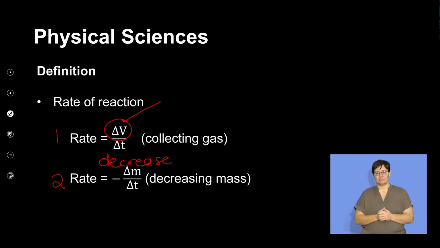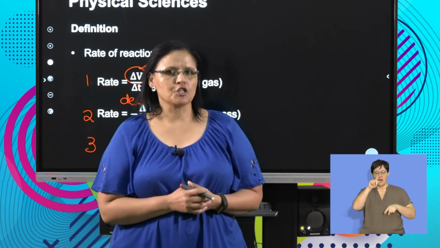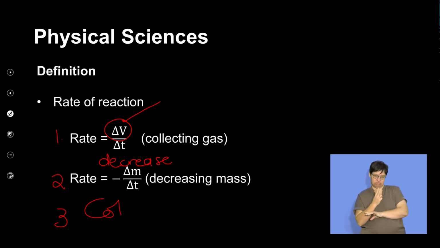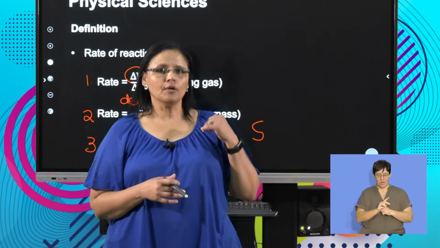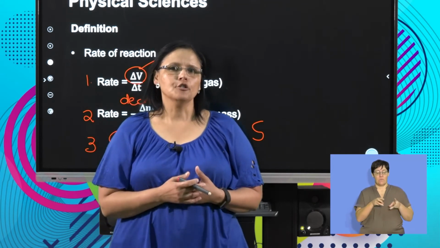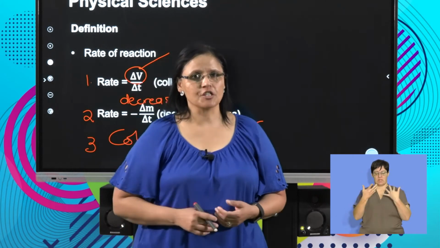And if you can remember, there was a third way to measure the rate of the reaction, and that was to look at the color change, especially when we produced sulfur that made the whole solution a milky color because of the precipitate. So these are the experimental ways to determine and calculate the rate of reactions.